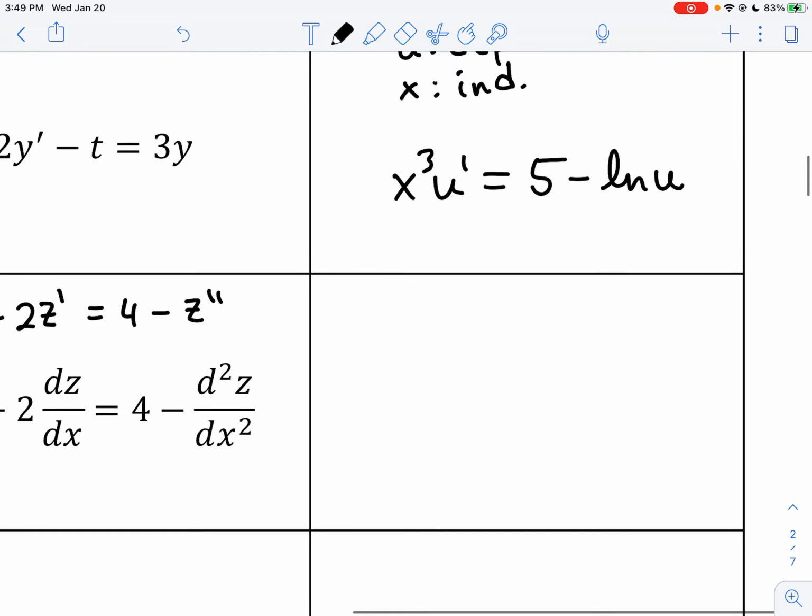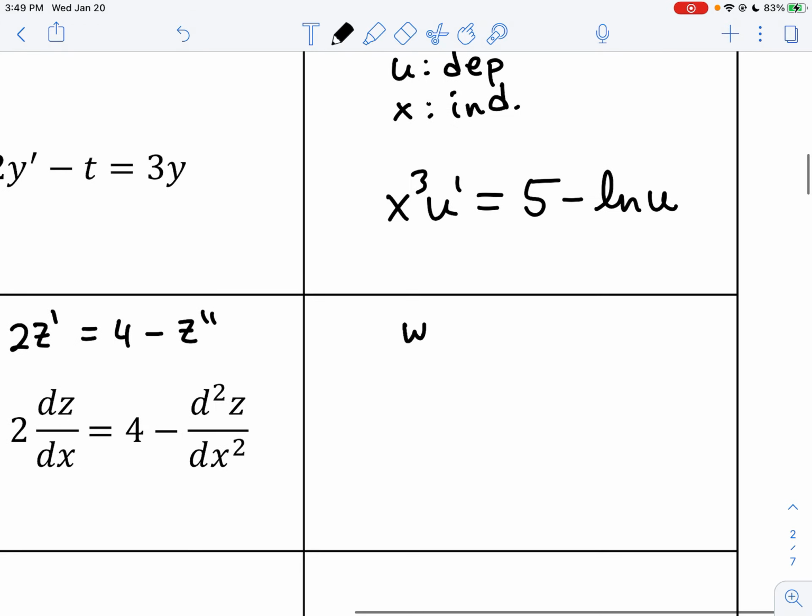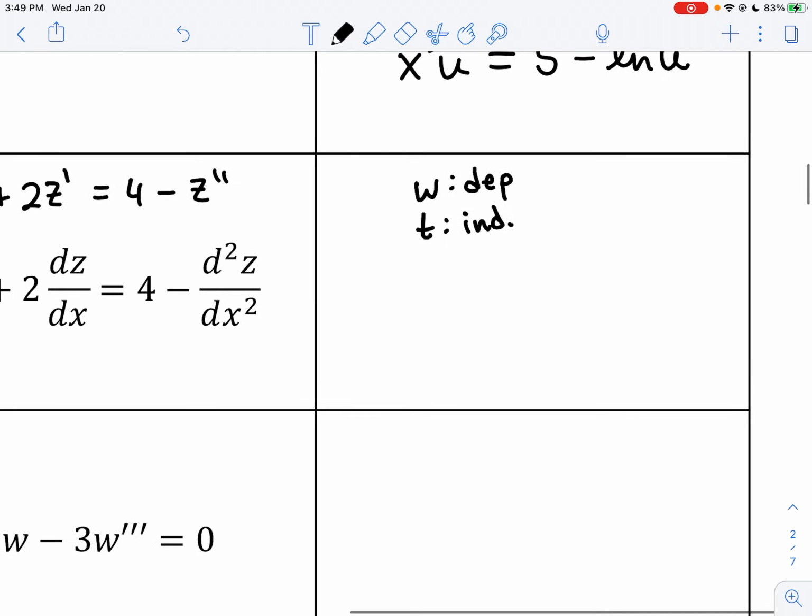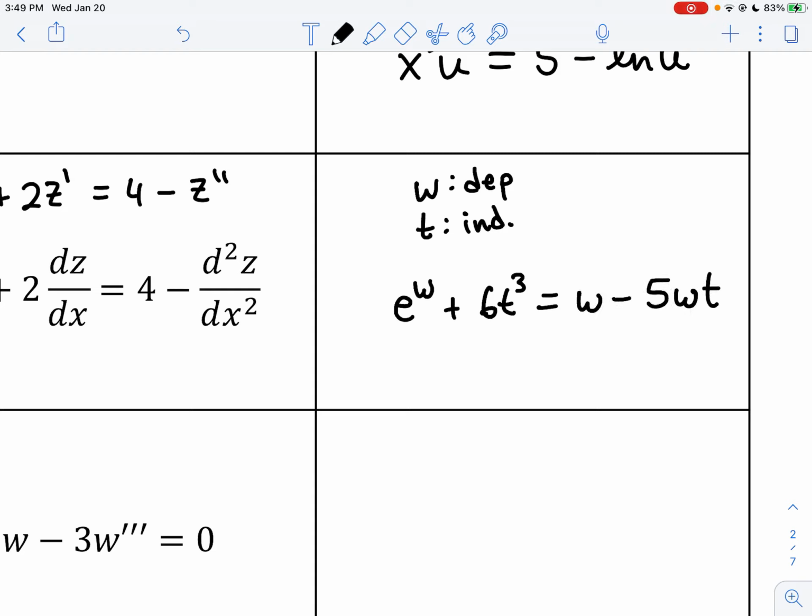Okay, let's do another example of one. W will be our dependent variable, and let's go back to t for our independent variable. Usually we'll just deal with x's and t's as independent, and then a variety of letters as the dependent. So just making stuff up, e to the w plus 6t to the third is equal to w minus 5wt.